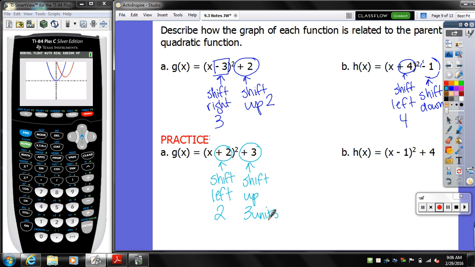You can always plug these in your calculator to double check yourself if you want to try by hand. So this minus 1 inside the parentheses means that we are going to shift to the right 1. This plus 4 at the end means that we are going to shift up 4 units.